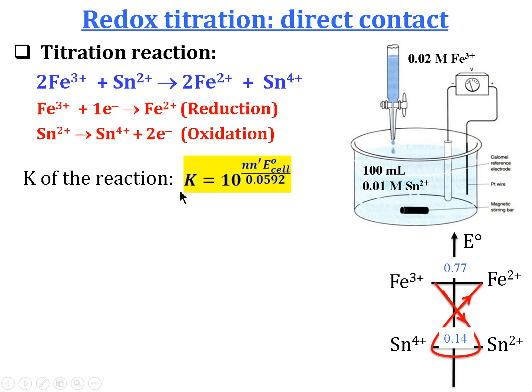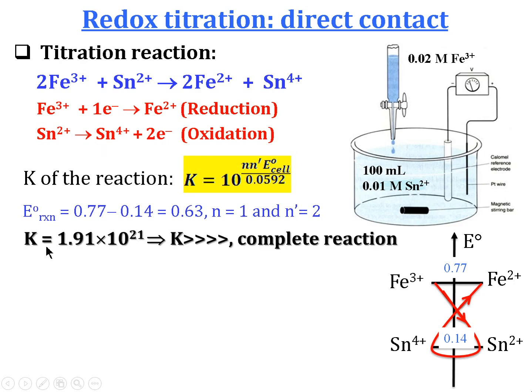K for this reaction is given by the relation 10 to the power n prime E0 of the cell divided by 0.0592. E0 of the cell is equal to E0 reduction minus E0 oxidation, equals 0.77 minus 0.14, so it's equal to 0.63, n equals 1 and n prime equals 2.